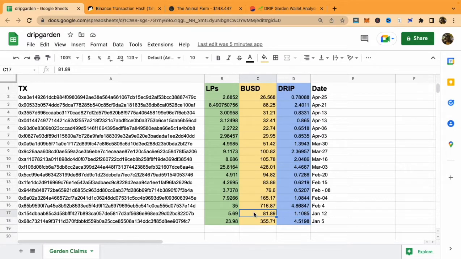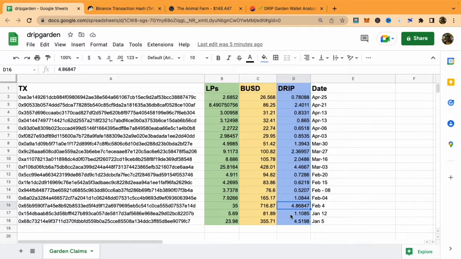A week later, I took out about 82 USD and 1.1 drip. And a few weeks later, on February 4th, I took out $716 and 4.868 drip. So for the liquidity pair, the BUSD and drip are of about equivalent value.